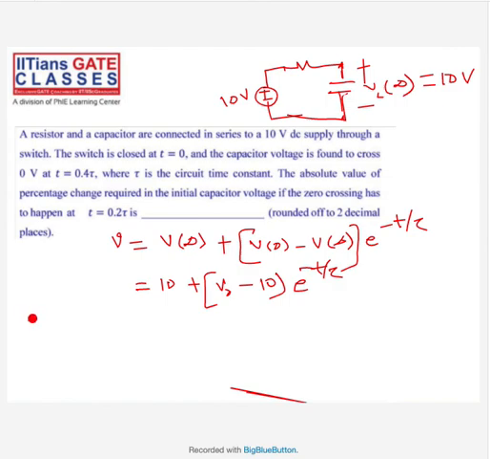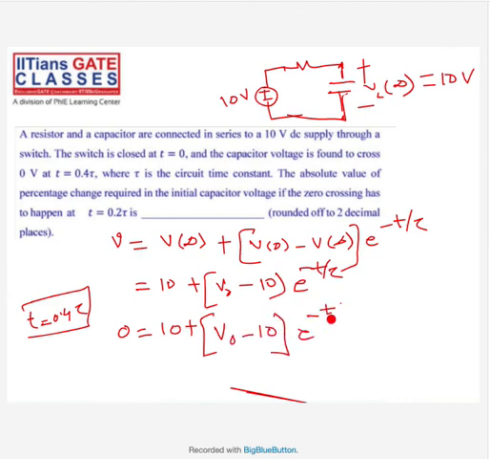When t is equal to 0.4 tau, what is given? Voltage is 0. So 0 is equal to 10 plus V0 minus 10 e power minus t by tau. Sorry, t is equal to 0.4 tau, right? 0.4 tau by tau, tau gets cancelled. E power minus 0.4.